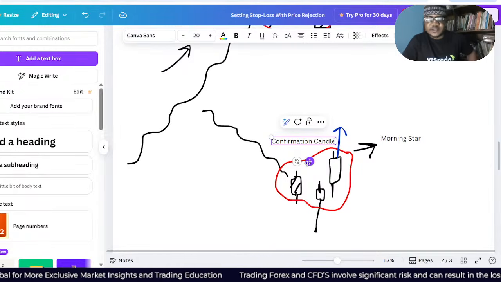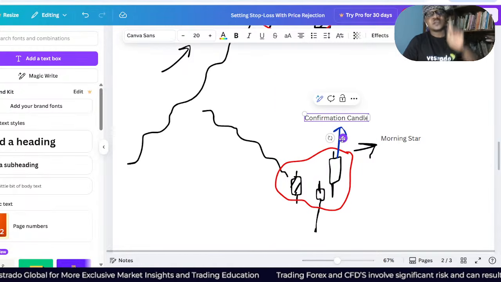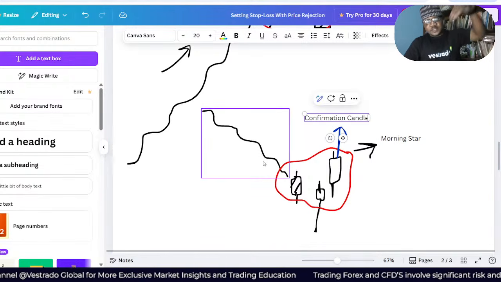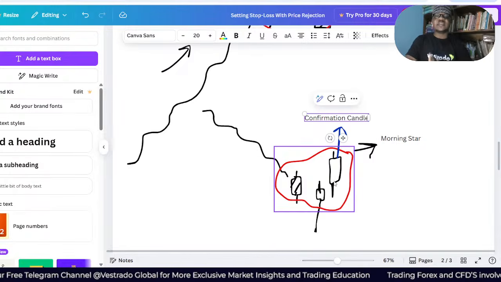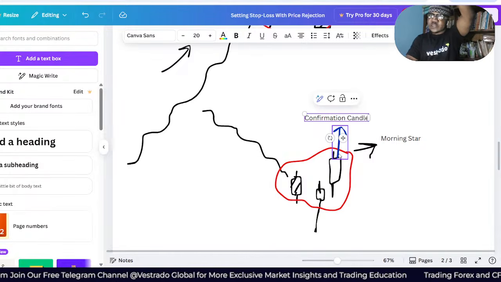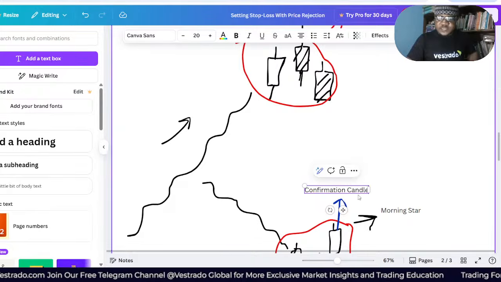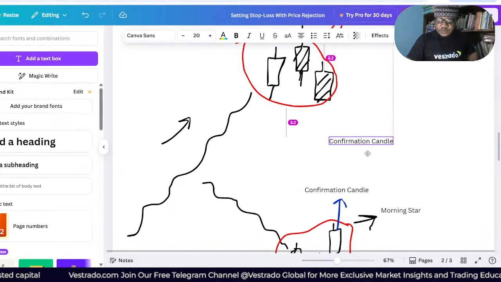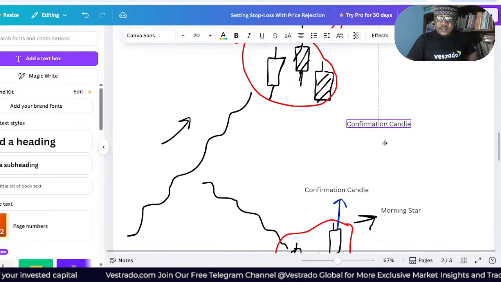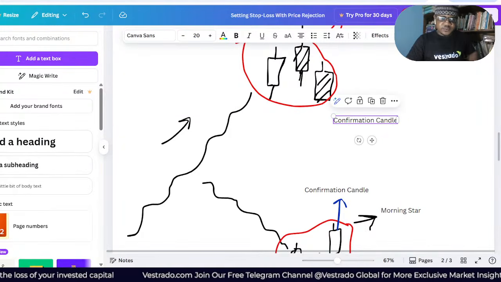This guy right here, confirmation of the reversal. So you have the trend, downtrend, the price rejection, transition candle, and then the confirmation candle or the future candle. Okay, in this case, this guy is the confirmation candle.